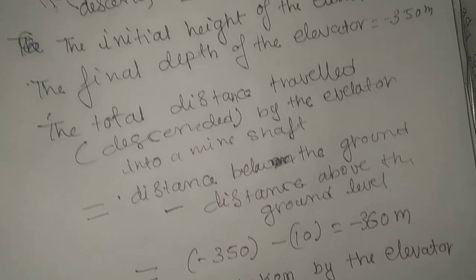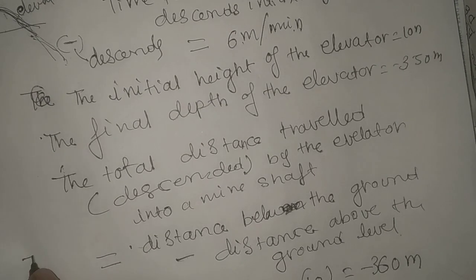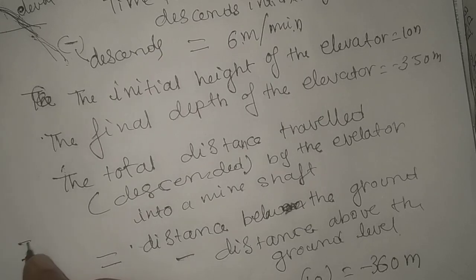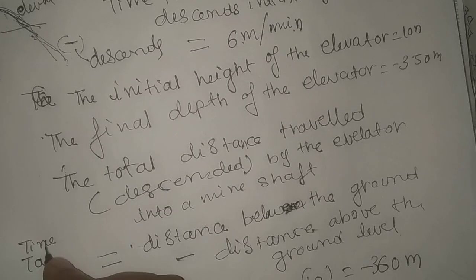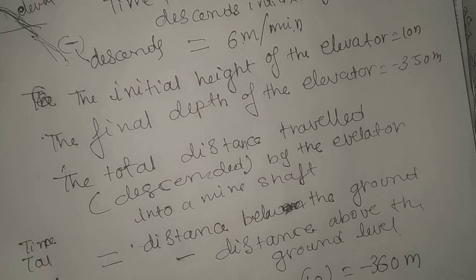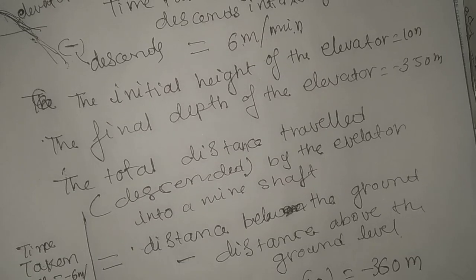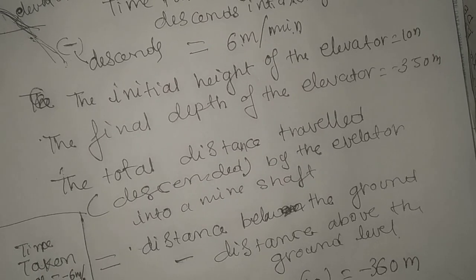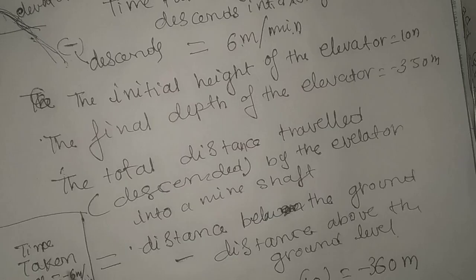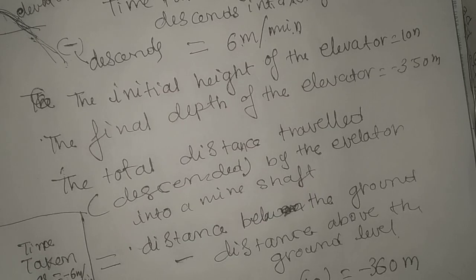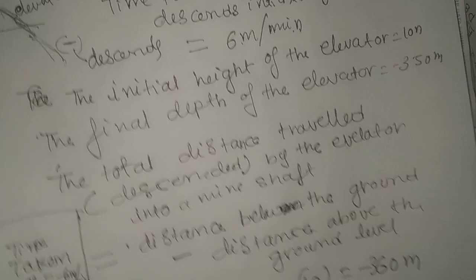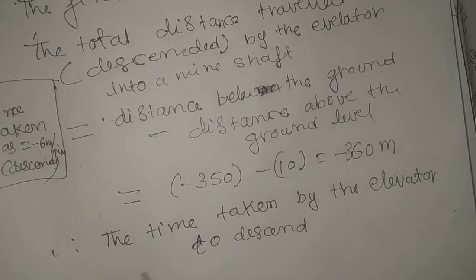Since it descends, it is taken as minus 6 meters per minute. So since it descends, it is taken as negative. So minus 6 we will take.